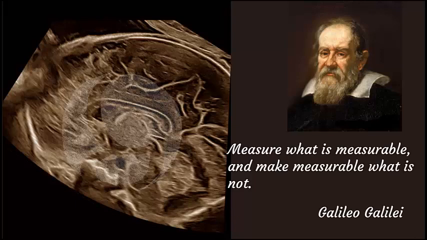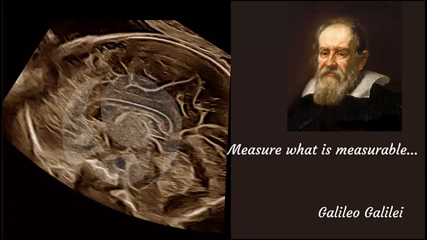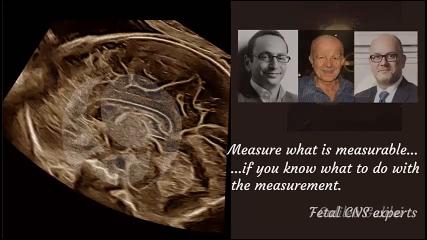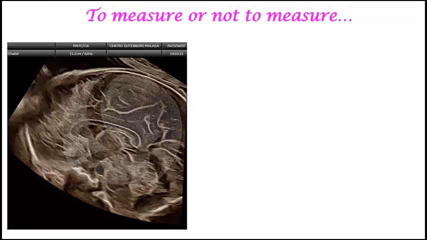So according to the majority consensus among experts, we may have to modify the Galileo Galilei sentence, because in relation to the corpus callosum, it's probably better not to measure it if everything else looks normal. It's a majority agreement that the important thing is to check if all the 5 parts of the corpus callosum are present, rather than measuring it.